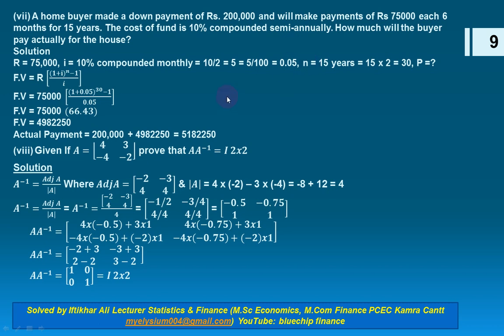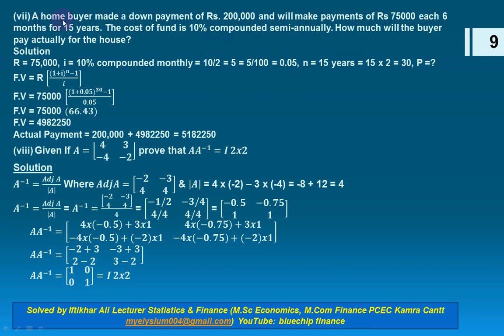In some questions, it is mentioned clearly whether payments are made at the start or at the end of the period, but in some questions, we can use our own idea or assessment.